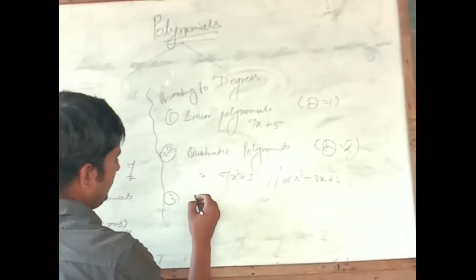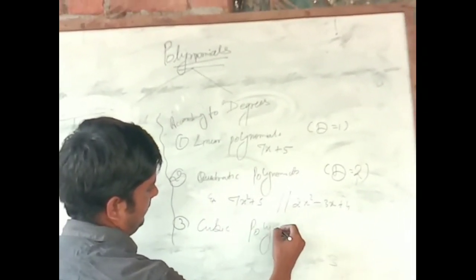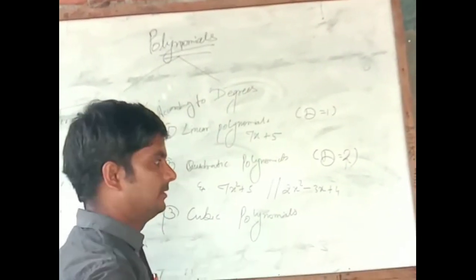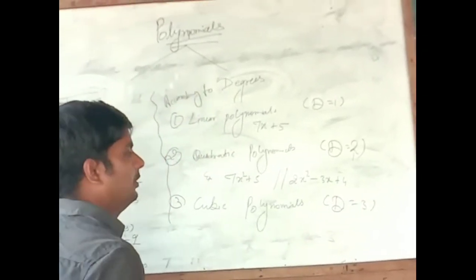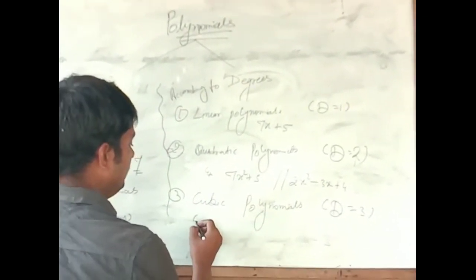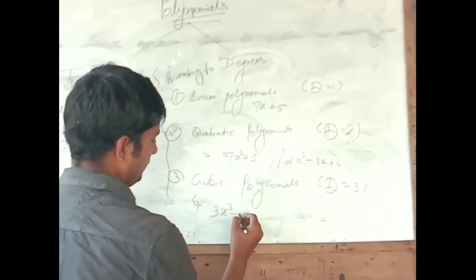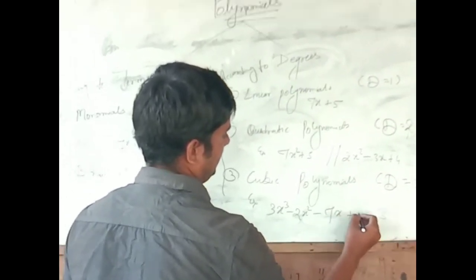Now, cubic polynomials: a polynomial which has degree 3 is called a cubic polynomial. For example, 3x³ − 2x² − 7x + 4.